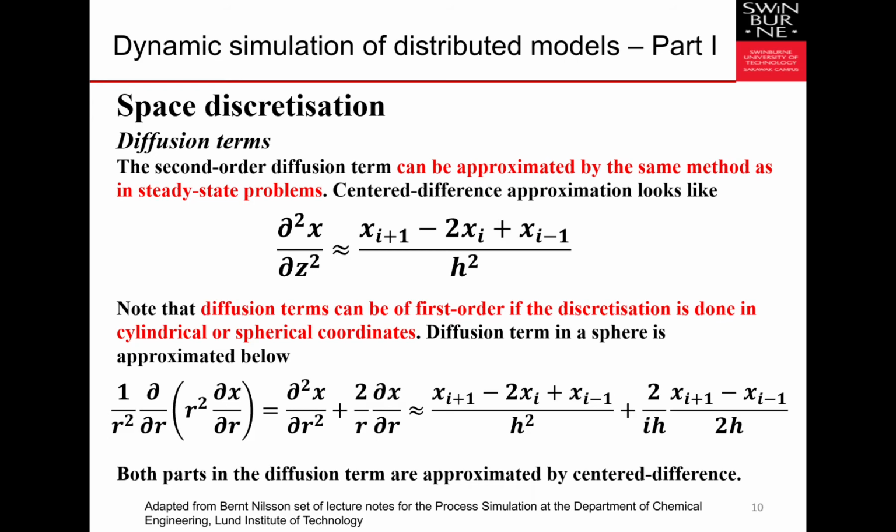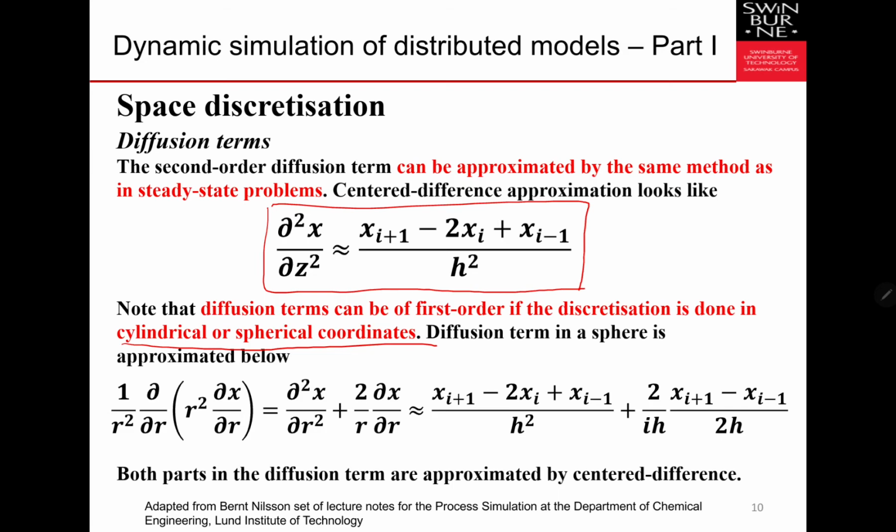Still on the discretization, for example, if we have diffusion terms, then the second order diffusion term can be approximated by the same method as in the steady state problem. The center difference approximation looks like this. Note that the diffusion terms can be of first order if the discretization is performed in cylindrical or spherical coordinates.